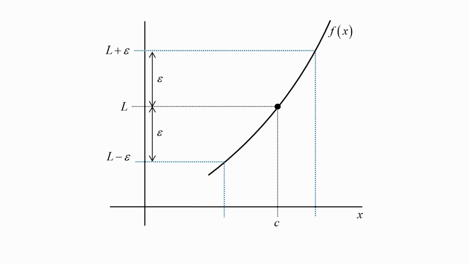Now to say that we have the absolute value of f of x minus L is less than epsilon means that our y values will have to stay inside this region. Our y values have to all be within a distance of epsilon from L, the limit value.